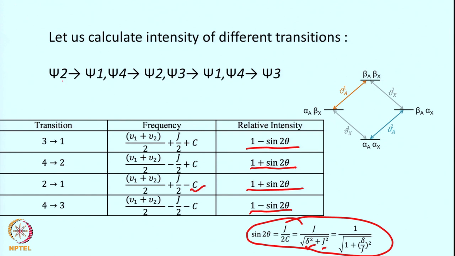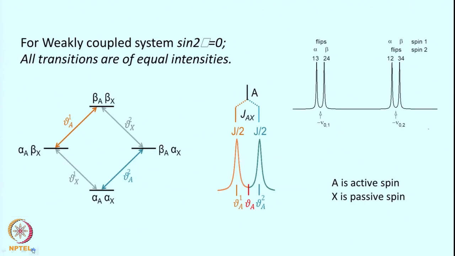So, for these transitions as we mentioned, psi 1 to psi 2, psi 3 to psi 4, for each of these transitions one can get the frequency and the relative intensity that comes because of these transitions.